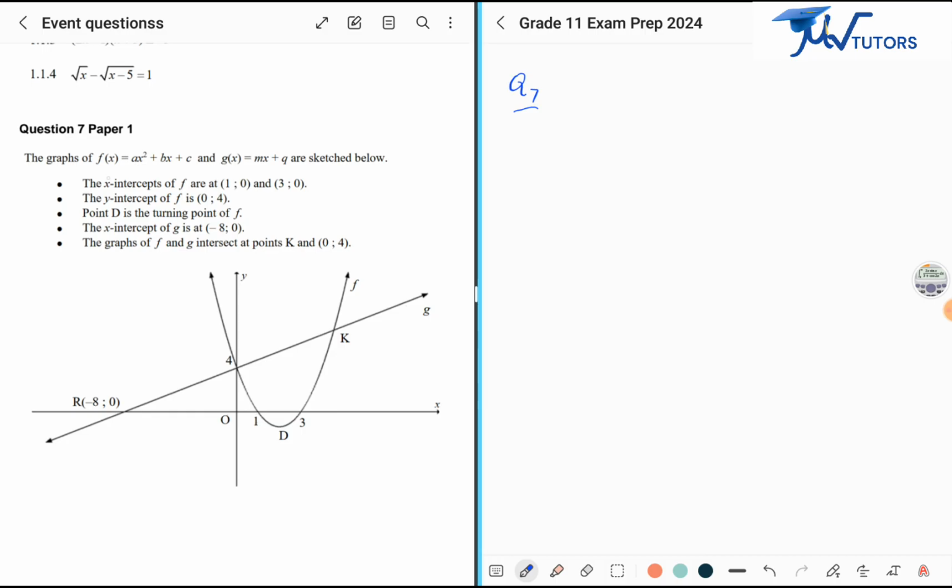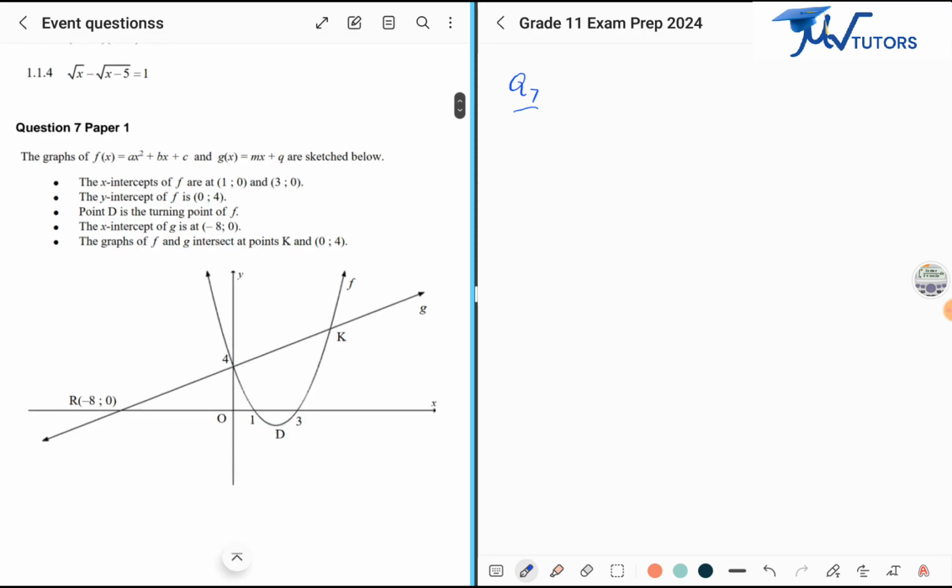So it says the graphs of f of x and g of x are sketched below. We can see f of x is the smiley face parabola and g of x is the straight line with a positive gradient. Now it says the x-intercepts of f are 1 as well as 3, and then the y-intercept is 4.